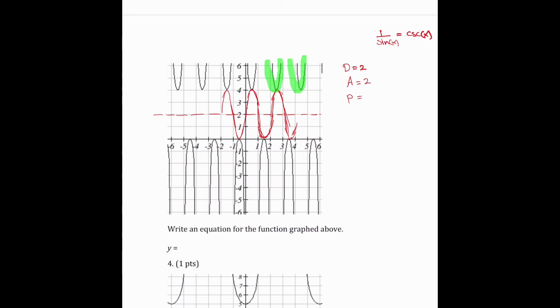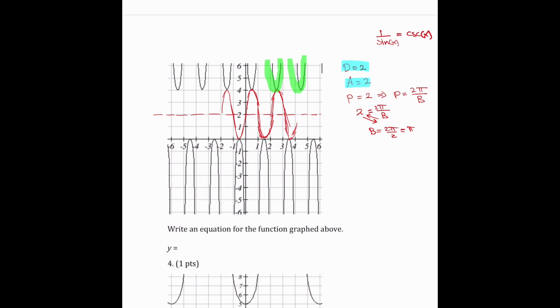The period is equal to 2 units, which means I can find B. Since the period is equal to 2 pi over B for sine function, so 2 equals 2 pi over B, and then I can solve for B by interchanging those two numbers. So now I have B equals 2 pi over 2, which is equal to pi. So B is equal to pi.